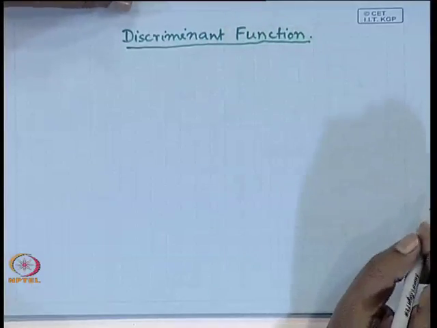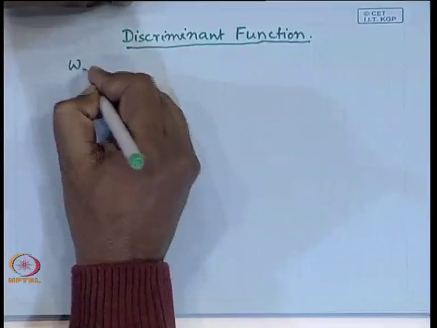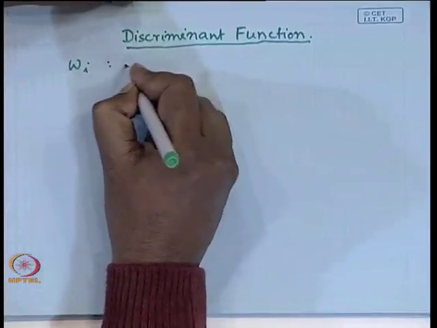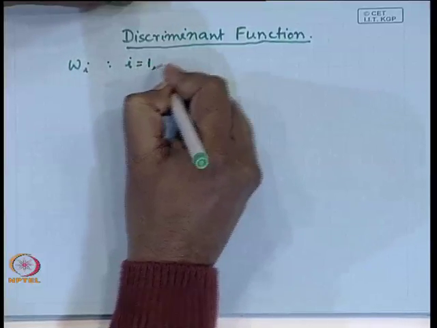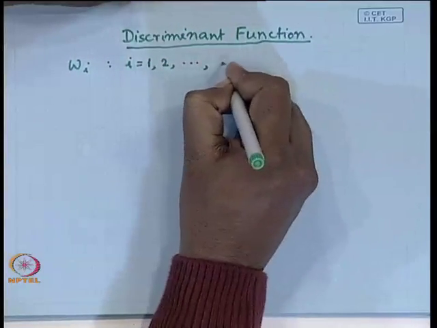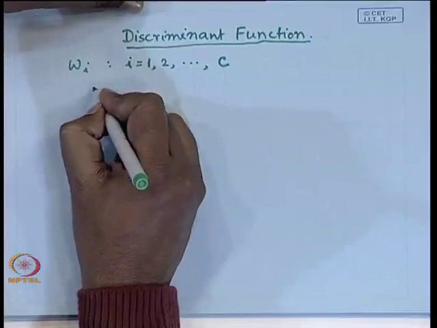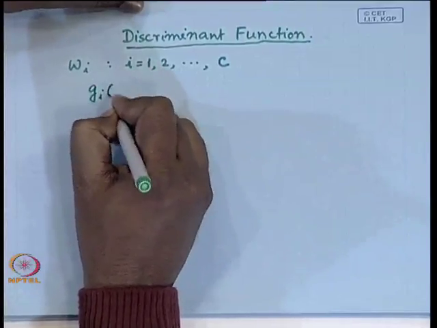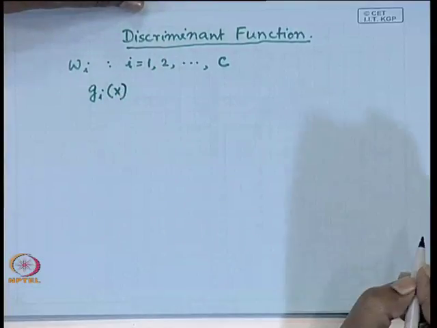There, what we said is for every class i, or every omega i, for i varying from 1 to c, as we are considering a generalized case where we have c number of classes, for every class we define a function, say g i of x.